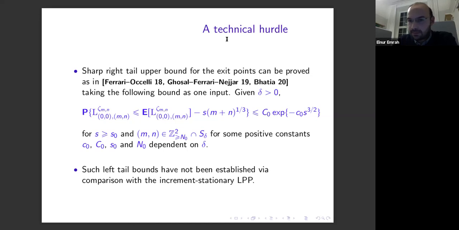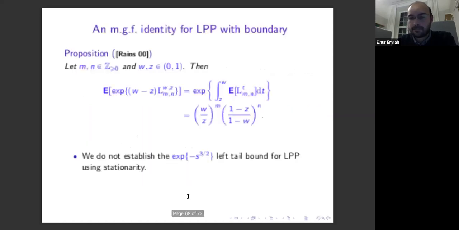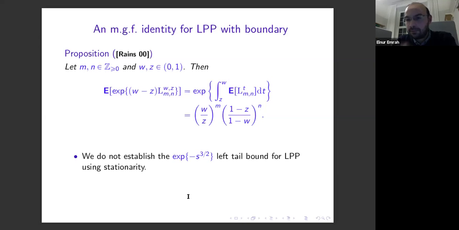Now, our technical hurdle at the beginning of this project was that such left tail bounds have not been established via our method of choice, namely using just the increment-stationarity properties. However, we managed to find a substitute in the literature.